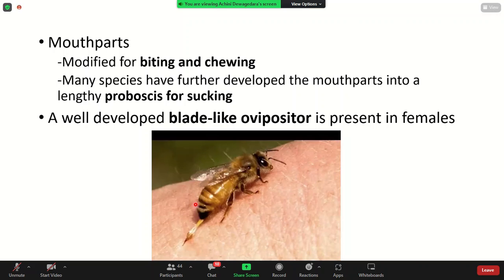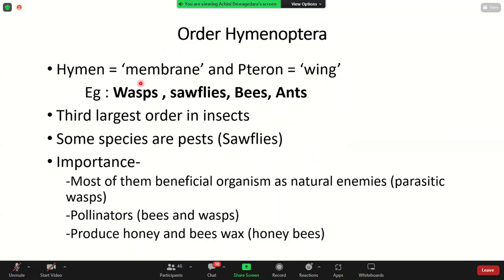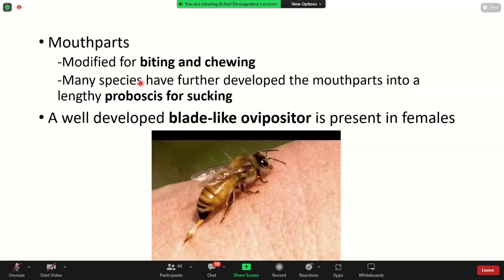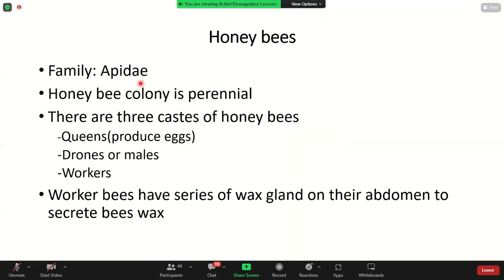They have modified biting and chewing mouth parts, and some have a lengthy proboscis. This type of mouth parts and other parts differ from insect to insect, right? And they have well-developed blade-like ovipositors present in females. As you see here in this picture, they have membranous wings. As their name suggests, they are Hymenoptera with membranous wings.